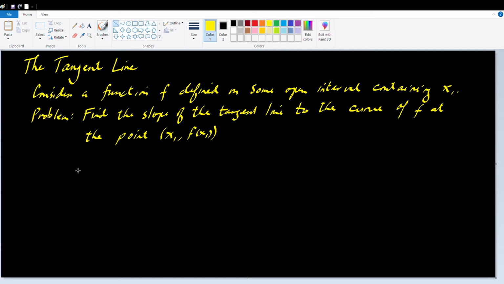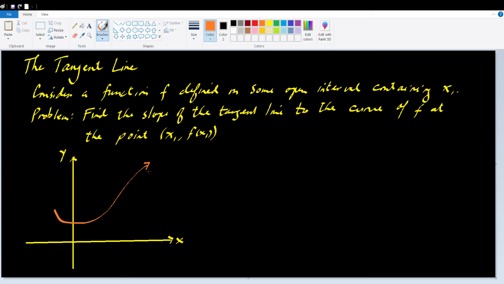So let us illustrate. Say this is the graph of y equal to f of x, and we consider an open interval containing the number x sub 1.